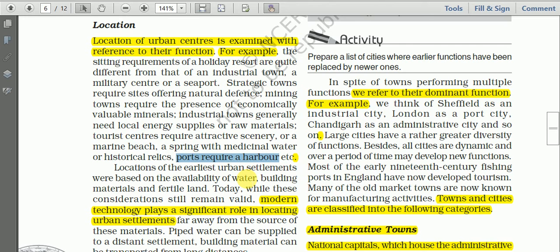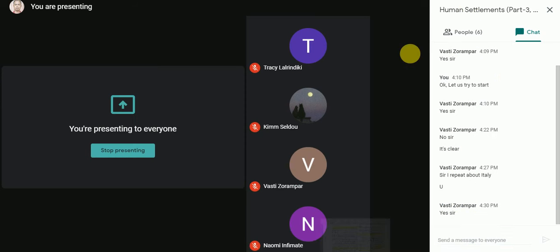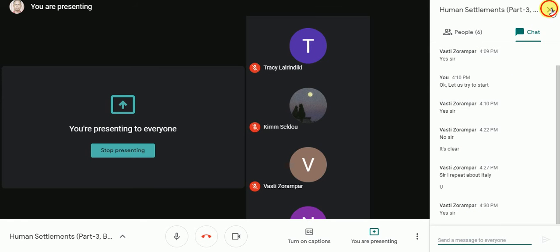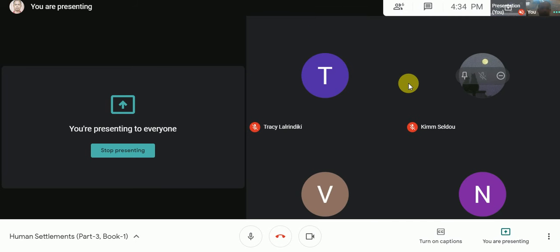So these are different examples telling the function of these urban centers, which in turn affect the location of these urban centers. Any question here about these factors affecting the location of urban centers? Any question?